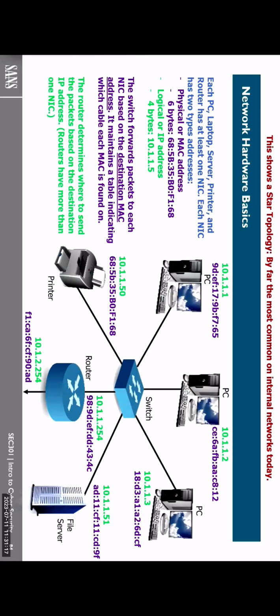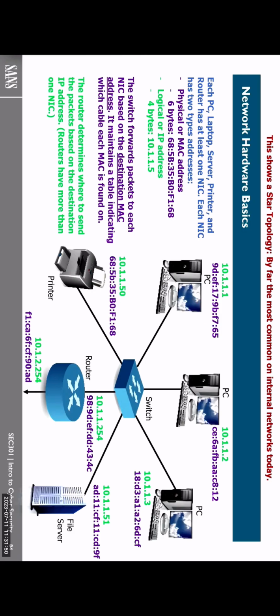And it will be notated in hexadecimal, and the bytes will typically either have a colon or a dash between them. Now, the colon or the dash doesn't actually exist in the address. That's just us humans trying to differentiate the bytes, right? Every manufacturer of these network interface cards is given a 3-byte unique combination that describes that manufacturer.